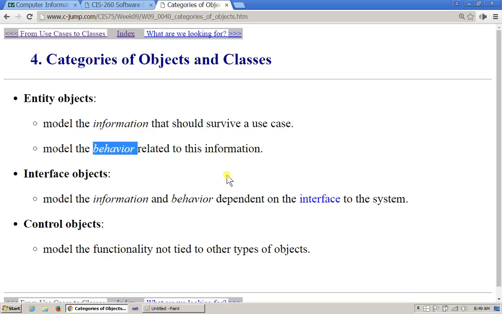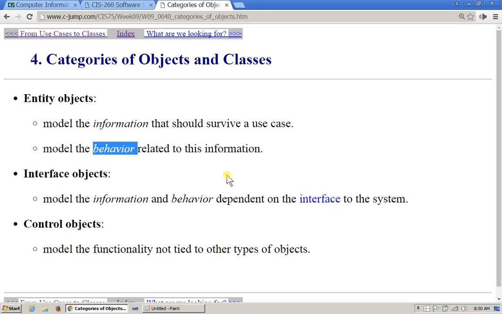But we also want to model the behavior of that, right? For instance, you can have an object that represents a database connection. A database connection could be restricted by the database server license that you have. You can buy a license which allows only a certain number of connections. So there could be additional rules that the database connection object would have to follow, for instance, not to violate the license rules that you own.